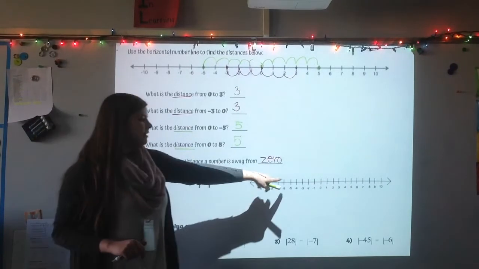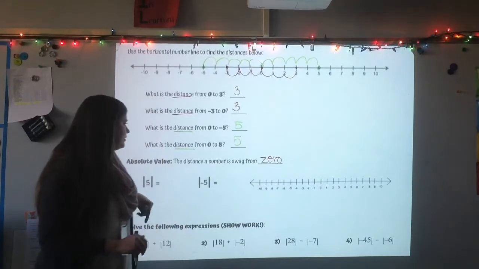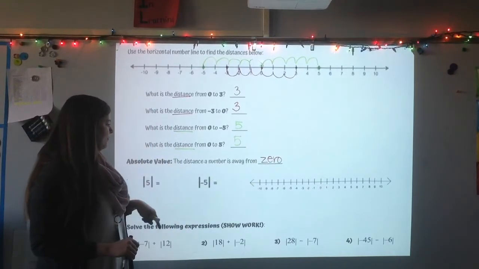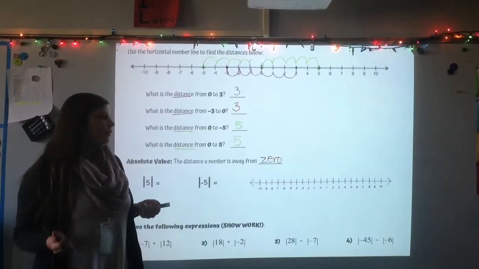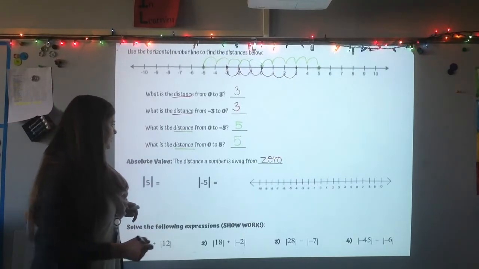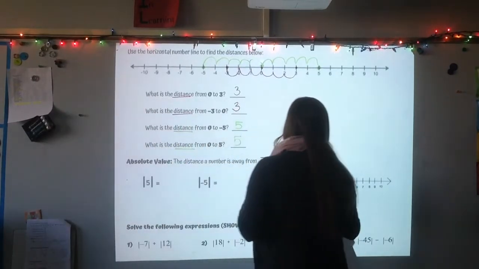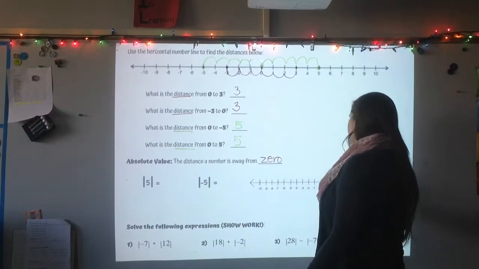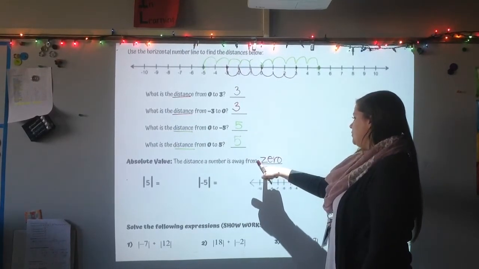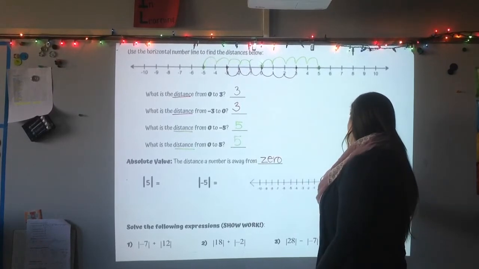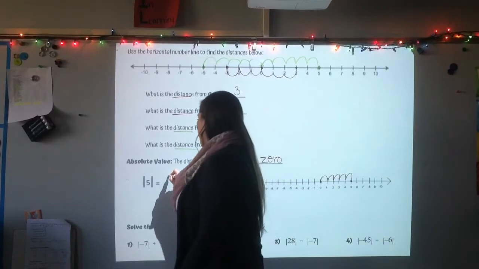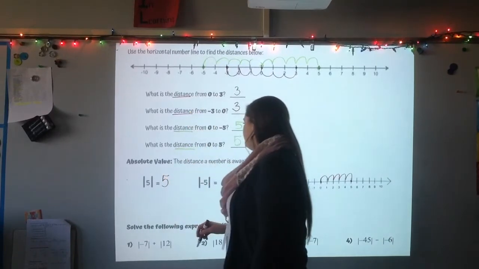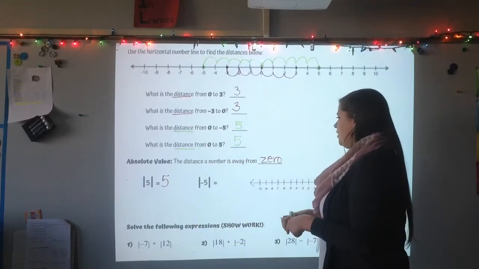Okay, so we're going to use this number line over here to show that the absolute value of 5 and the absolute value of -5 are the same, just like we did up here. If I'm going from 0 to +5, the distance +5 is away from 0 is 1, 2, 3, 4, 5. So the absolute value of 5 equals 5 because that's the distance it is from 0.